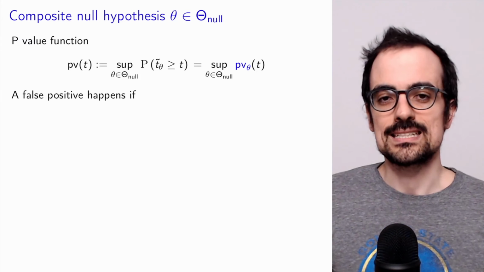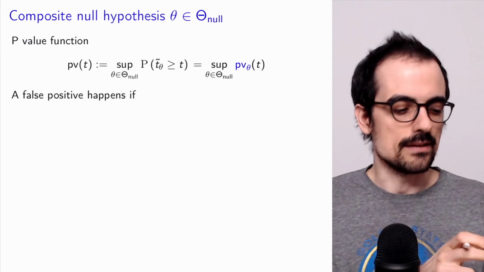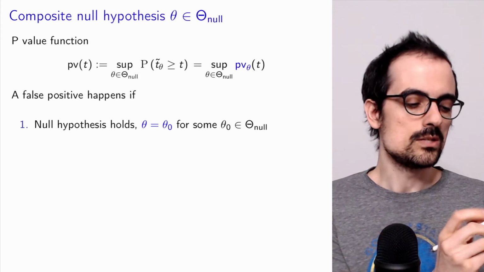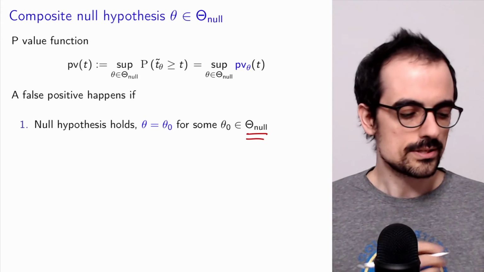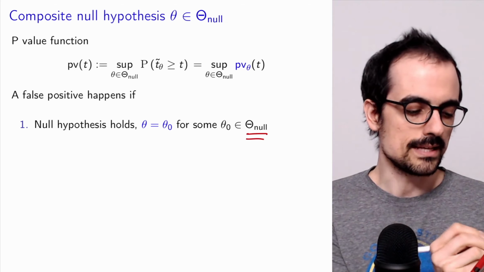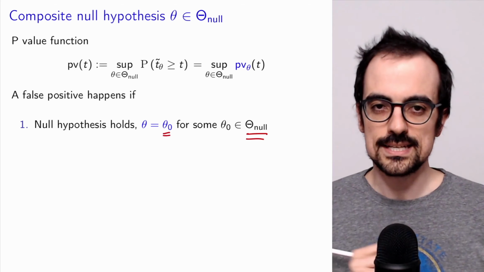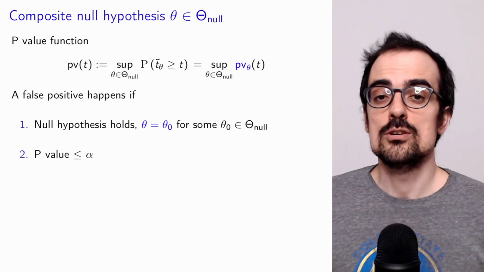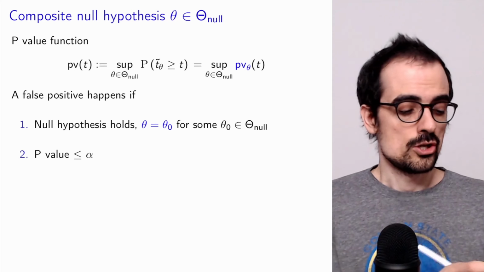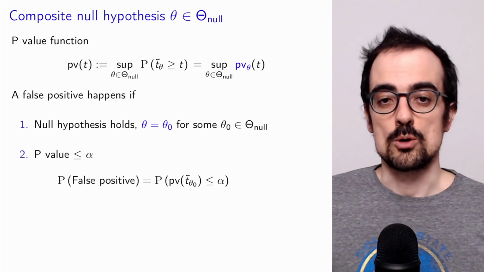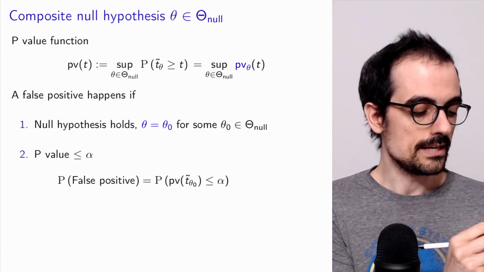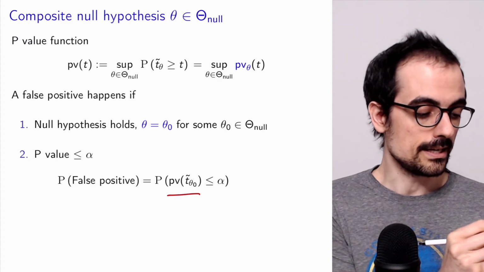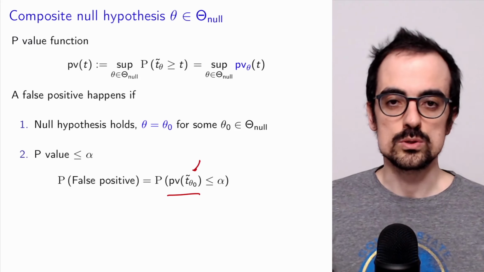We have to realize that a false positive can only happen if theta is within the set associated with the null hypothesis. So theta is equal to some theta sub 0 within that set, and the p-value is smaller or equal to alpha. Now let's try to bound the probability of a false positive. A false positive occurs if the p-value function, when we plug in the test statistic, is smaller or equal to alpha.